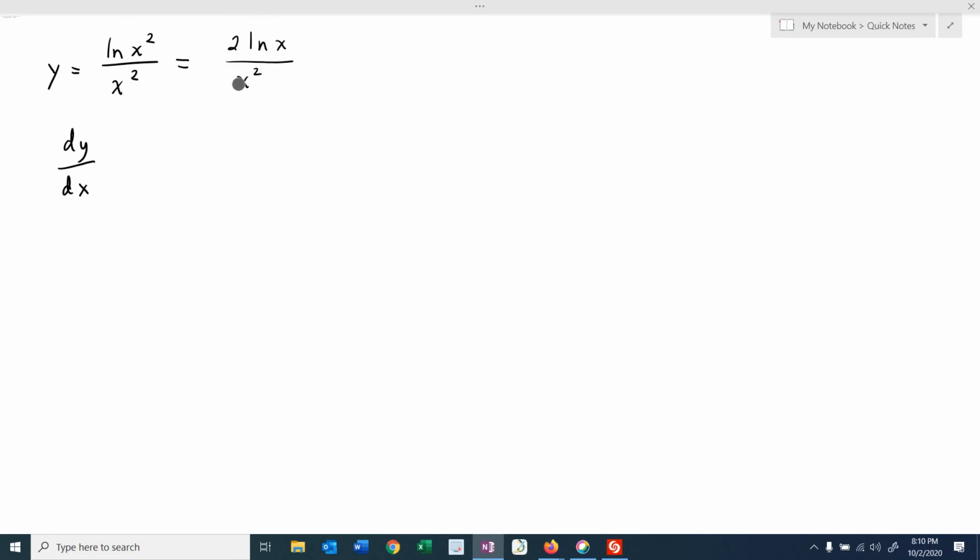After rewriting it like that, let's go ahead and use the quotient rule. The quotient rule says you take the low times the derivative of the high minus the high times the derivative of the low, all divided by the low times the low. So we start with the low, and then we multiply it by the derivative of the high.